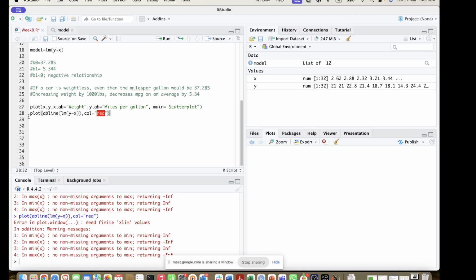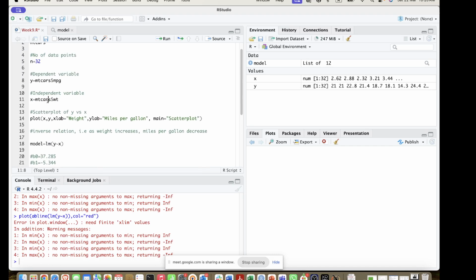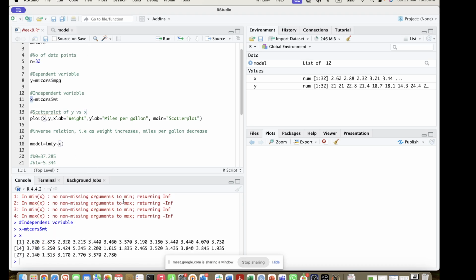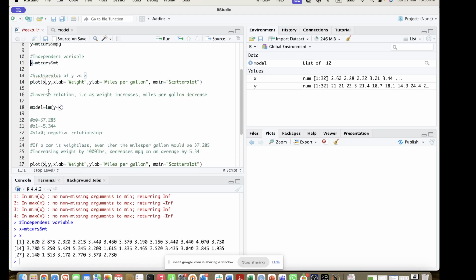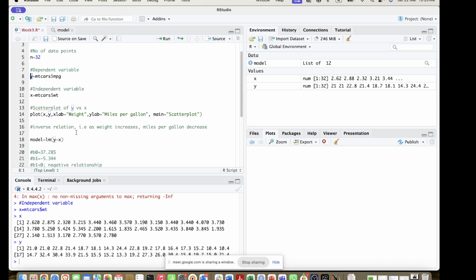What is wrong here? Okay, and y is again this.